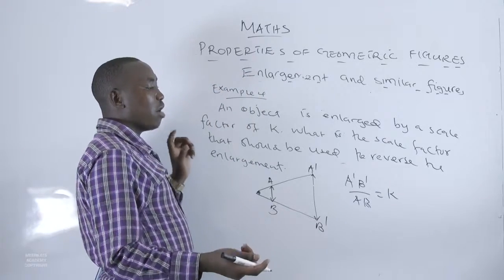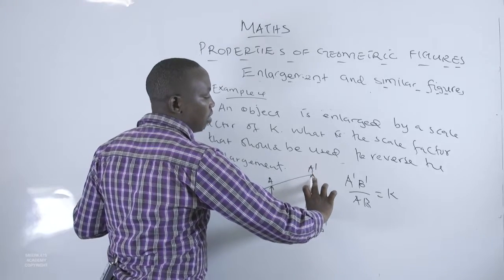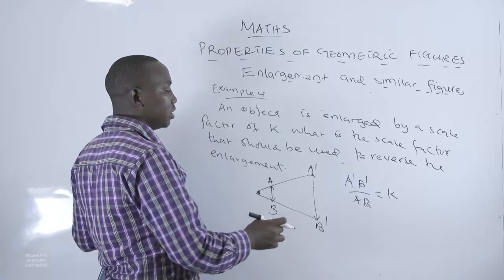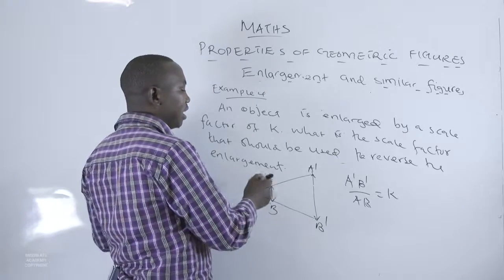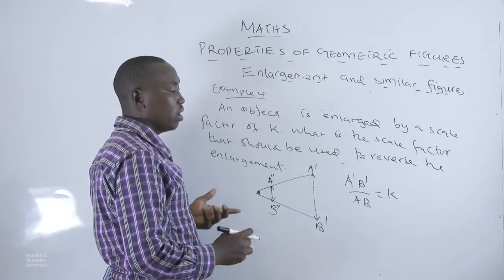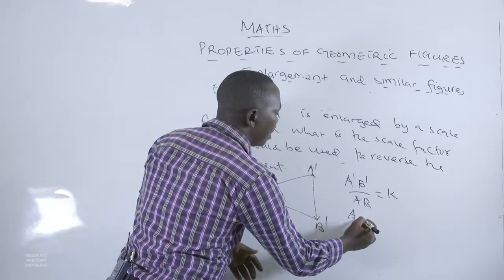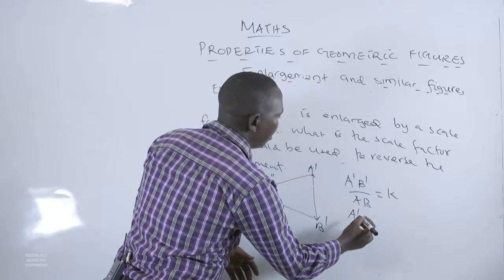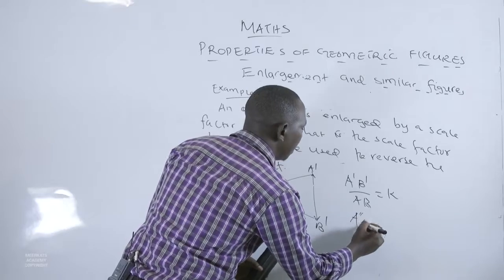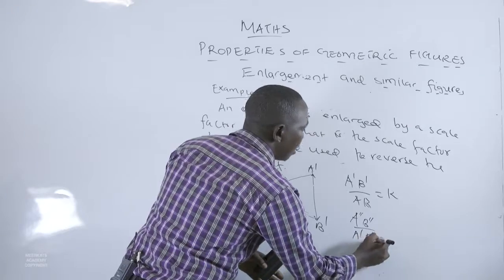Now, what if you want to reverse so that now this is your object and this becomes your image? That means whenever we are reversing, we have this as A double prime and this as B double prime. So we are going to inverse, so that we begin from A prime, B prime, A double prime, B double prime, all over A prime B prime.